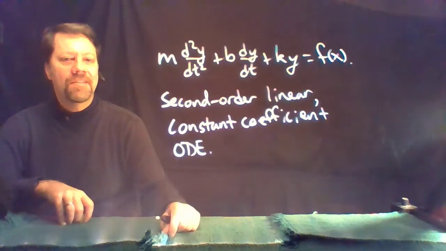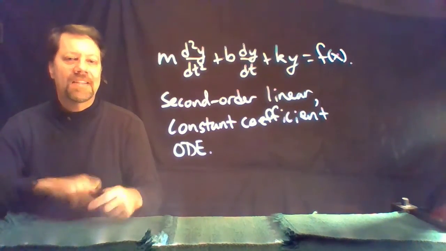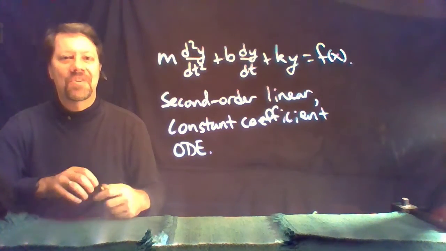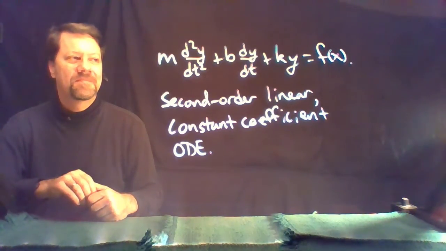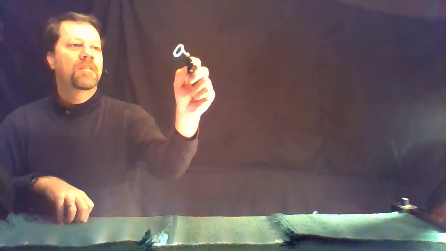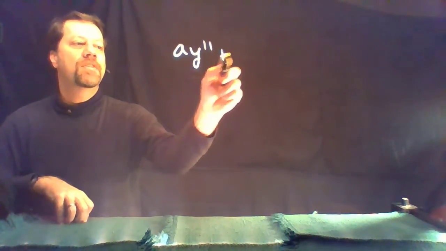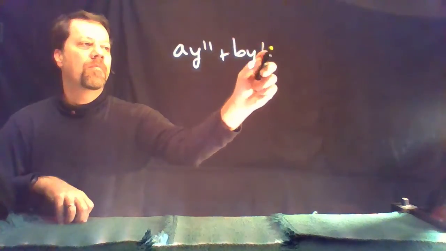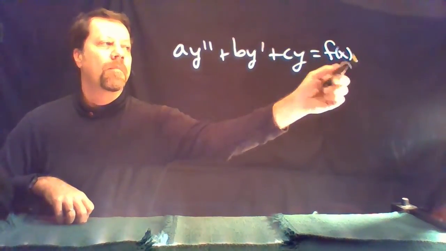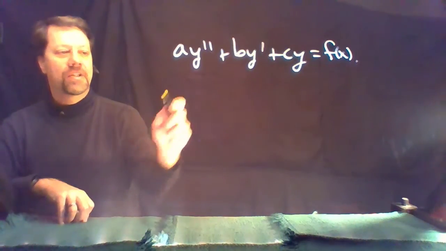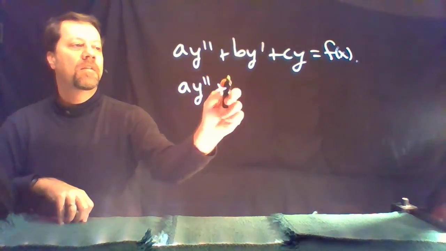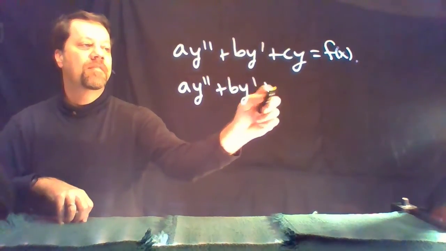The more adjectives you have, the smaller the class of differential equations that you're working with, the easier it will be to solve them. We are going to focus on differential equations in this form. And initially, we're going to focus on the homogeneous case.